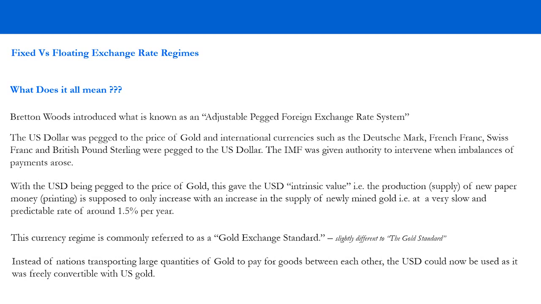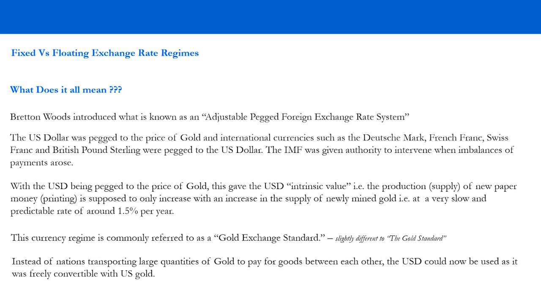And the IMF was given authority to intervene when there were imbalances or deficits arising from these payments. So with the US dollar being pegged to gold, what this did was actually give the US dollar intrinsic value.